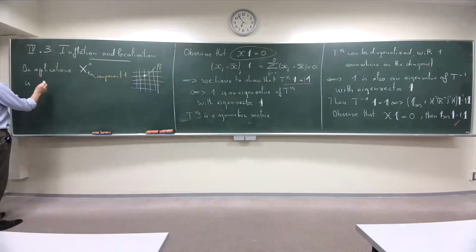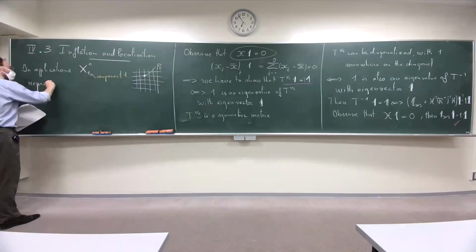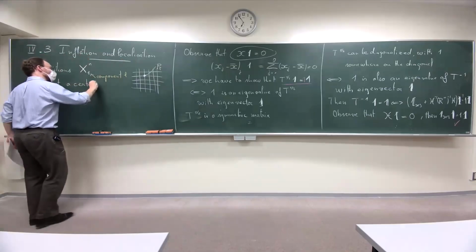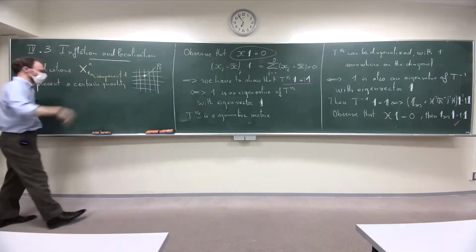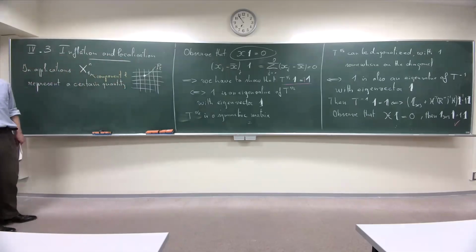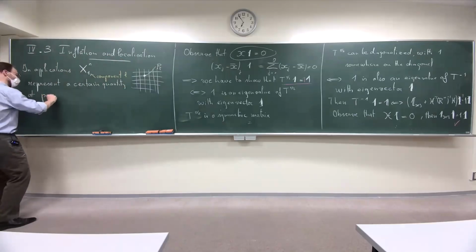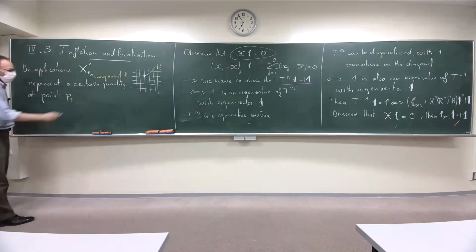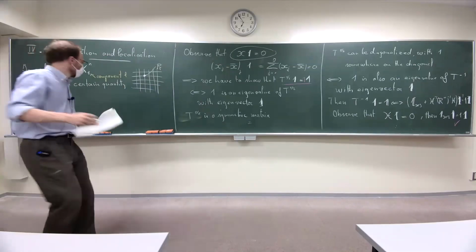It represents a certain quantity, like the temperature or the direction of the wind or whatever, a certain quantity at point p_l. So one entry of this very long vector is in fact a certain quantity at a point p_l and at time n.